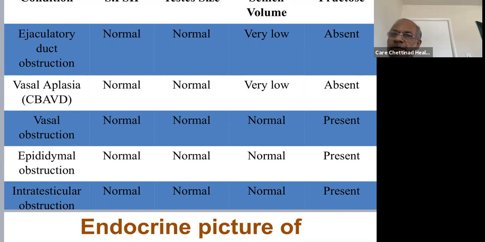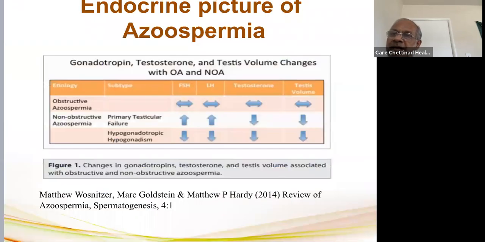The endocrine picture in obstructive azoospermia: FSH is normal, LH is normal, testosterone is normal, and testis volume is normal. In non-obstructive azoospermia, due to pathology in the testis, FSH is raised if only sperm production is affected. LH is also raised if Leydig cells are affected, then testosterone also goes down, and testis volume also goes down.